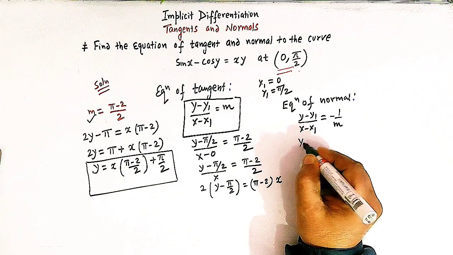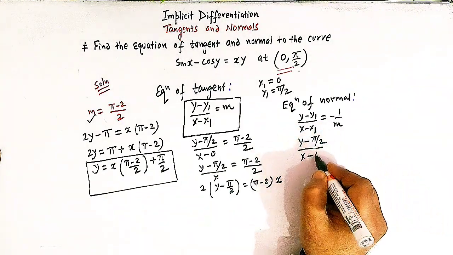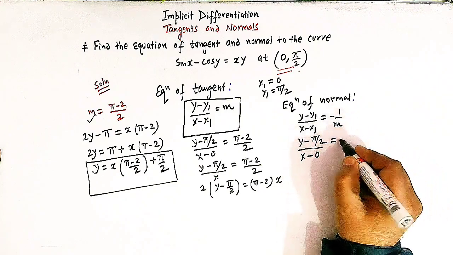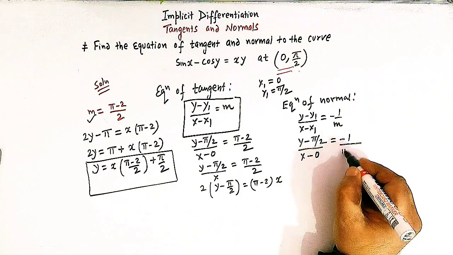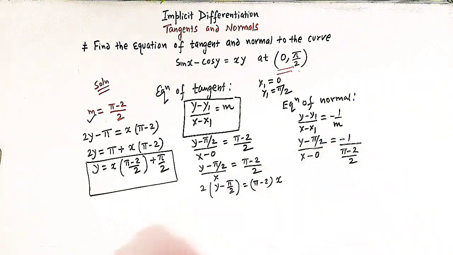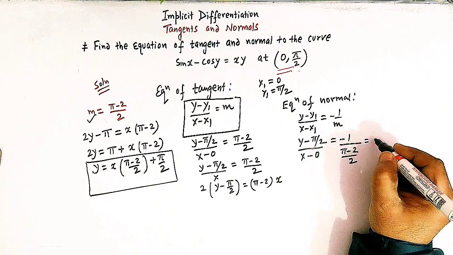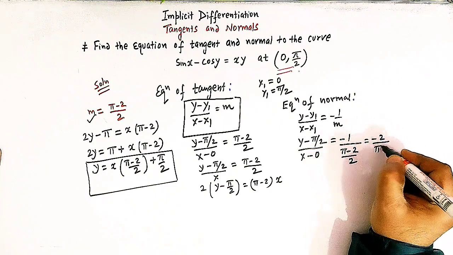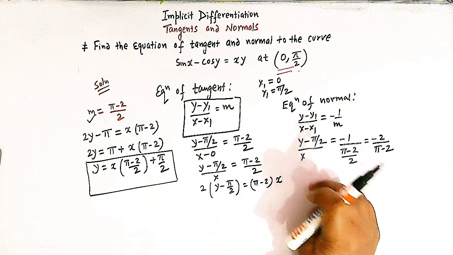So we have y minus y1, y1 is pi by 2, and this is x minus 0. So here we have minus 1 over m. M is pi minus 2 over 2, right? So now we can take this to the numerator. We have minus 2 over pi minus 2, and x minus 0 is simply x.